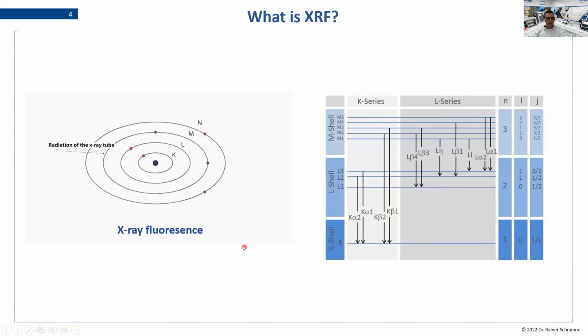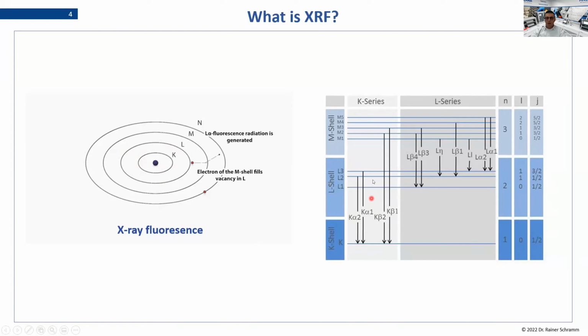But how is it created? The X-rays from your tube interact with the atoms of the elements in your sample. The electrons from the inner shells interact with the radiation and will be taken out, and electrons from higher shells will fill this gap.